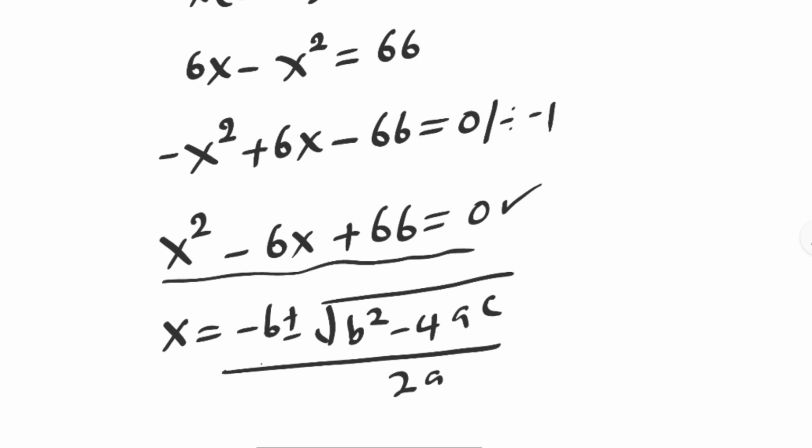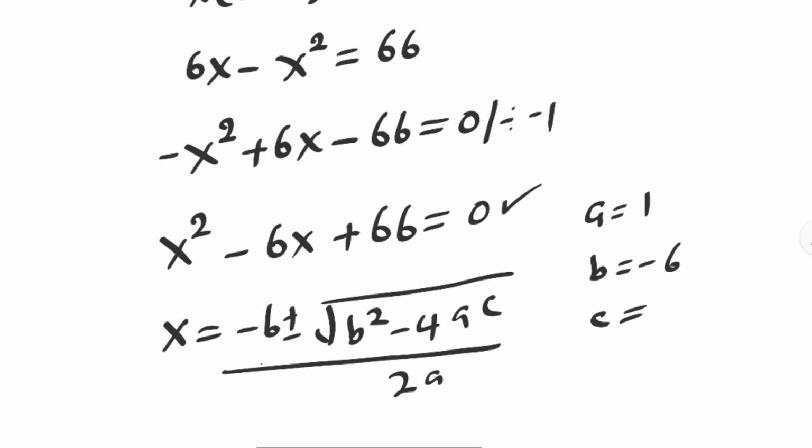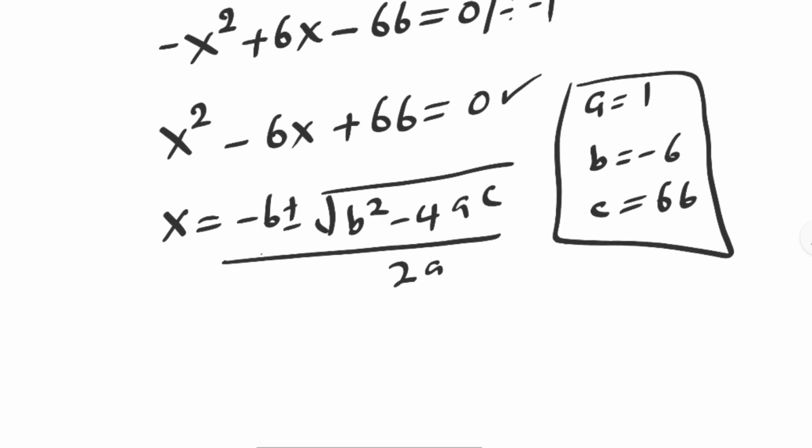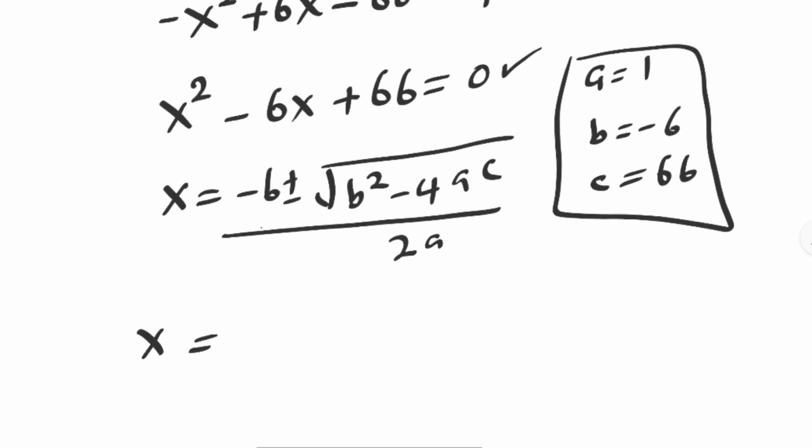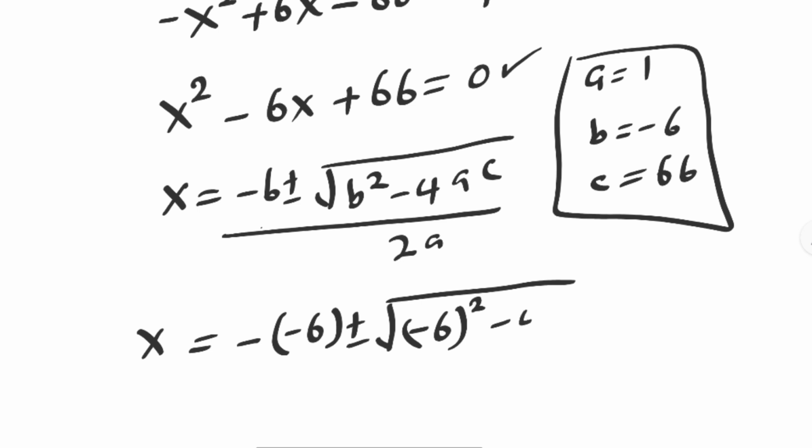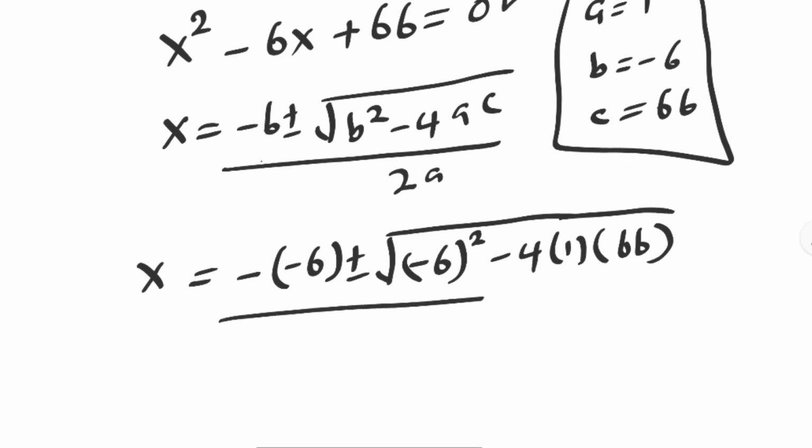Then from this equation, a is equal to 1, b is equal to minus 6, c is equal to 66. x is equal to minus bracket minus 6 plus or minus square root of minus 6 squared minus 4 multiplied by 1 multiplied by 66, divided by 2 multiplied by 1.